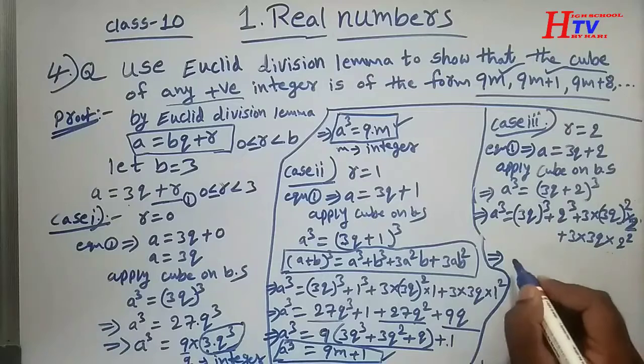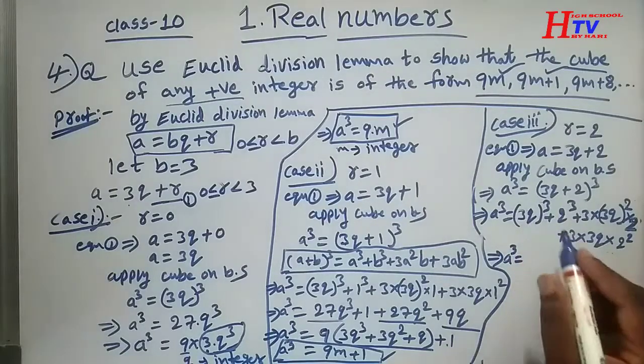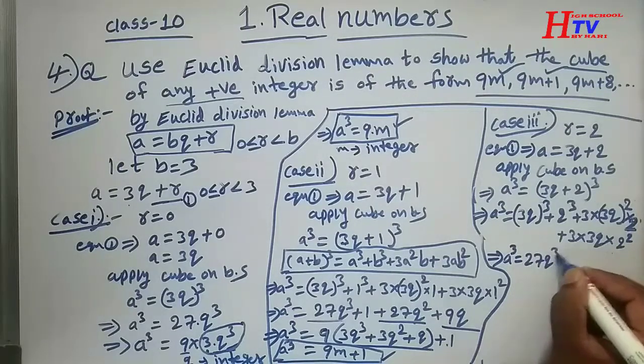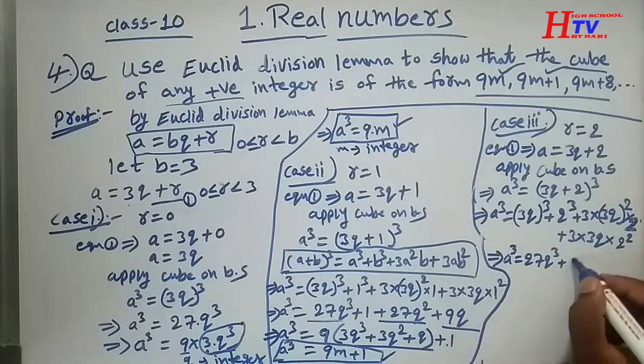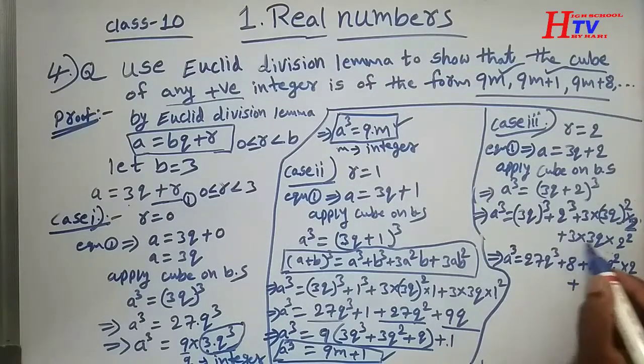This equation implies a cube equals to 3q whole cube, it is 27 q cube, plus 2 cube is 8, plus 3 into 3 square is 9, 9 3s are 27, 27 q square into 2, plus 3 into 3 is 9, 9q into 2 square.